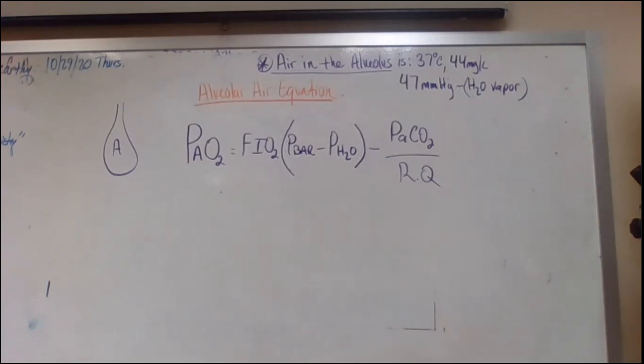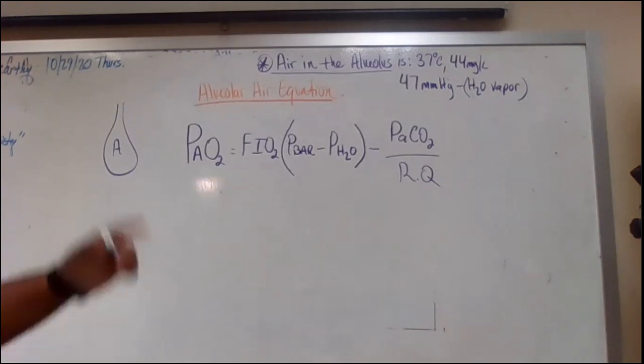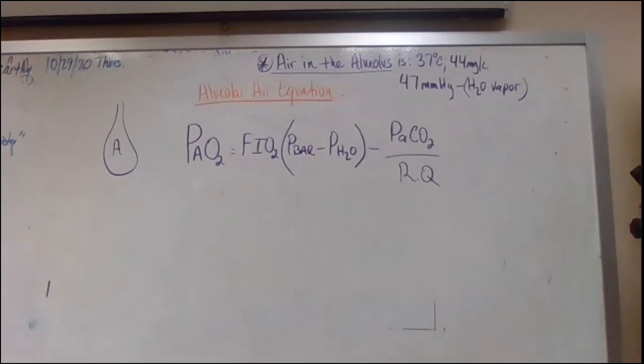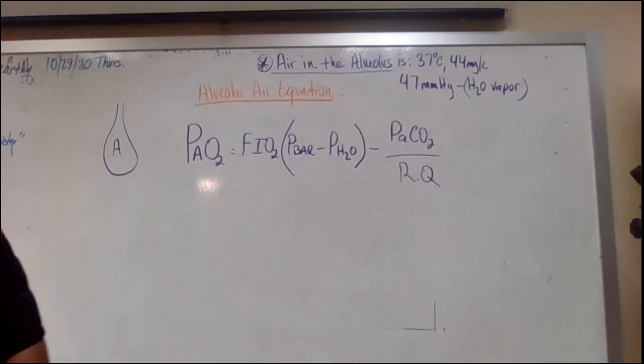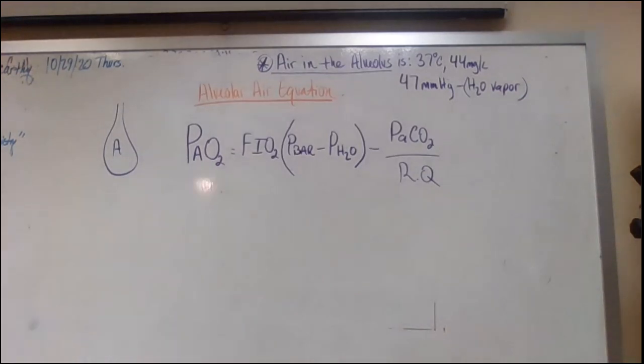And 0.8 is the normal respiratory quotient. So in a healthy adult breathing room air, you're going to get the normal pressure of oxygen in the alveoli. That changes when FO2 changes or the CO2 changes or at different altitudes. What you're doing right now, guys, is the normals.